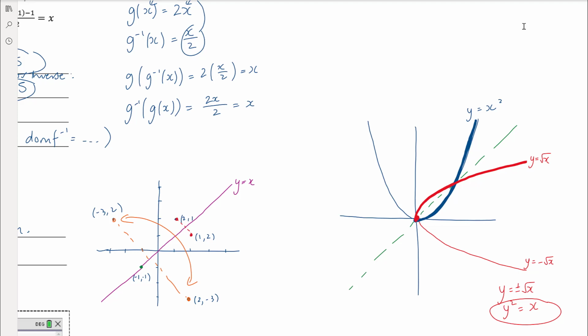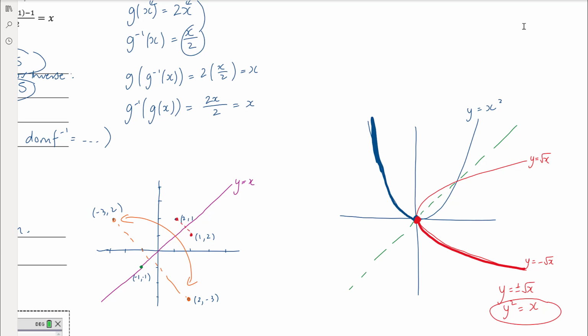Okay, if instead we had started with the left-hand side of the parabola, also a one-to-one function, okay, when we mirror that in the line y equals x, we get the bottom half of the parabola.